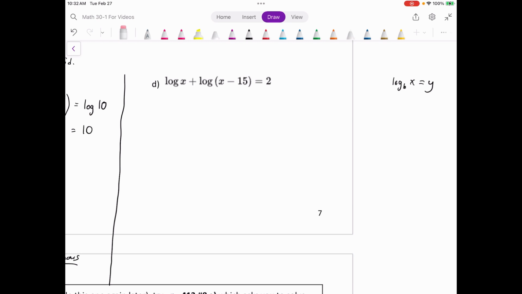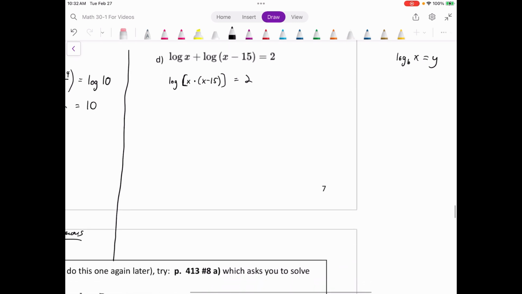I'm adding these two logs. So the product law of logarithms tells me I can multiply inside a single logarithm. This is the same as log of x times x minus 15, and that equals 2. So this gives us log of x squared minus 15x, that equals 2, okay?